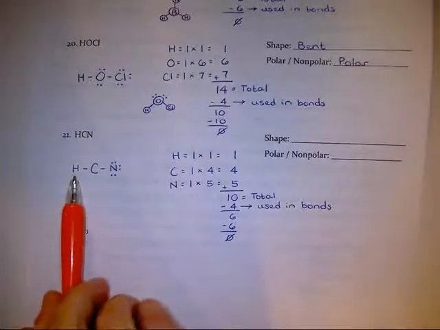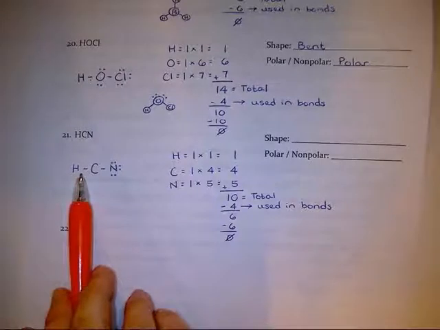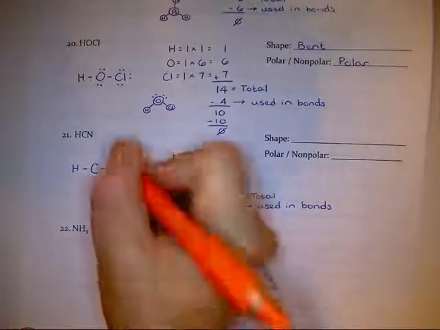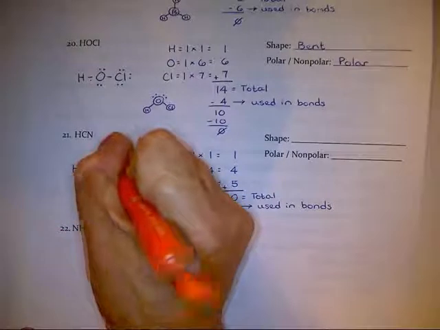Okay? H is satisfied with its 2. Carbon, 2, 4. Alright, so carbon is not satisfied. Carbon needs 4 more electrons to get its 8. Okay, so what we are going to have to do is make nitrogen share 4 more electrons with the carbon.